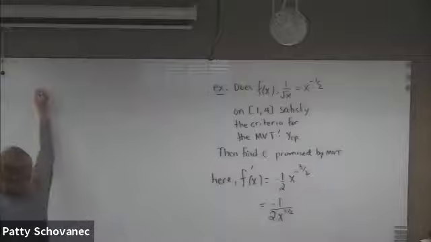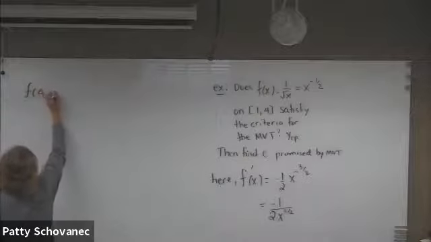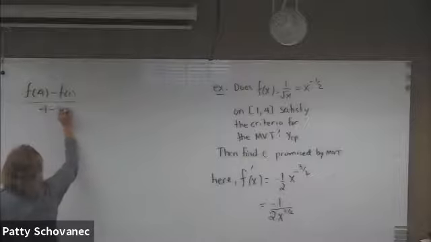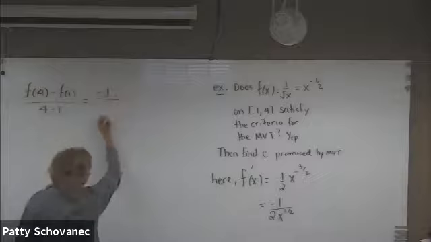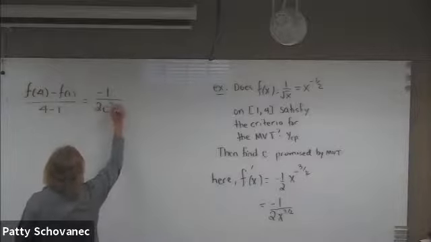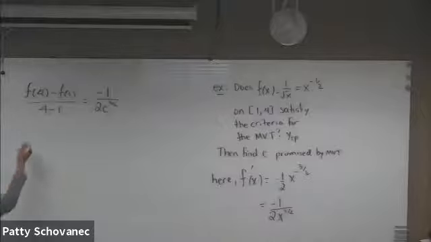All right, so now what we need is what it says. F of 4 minus f of 1 over 4 minus 1 has to equal that derivative when x is replaced by c. F of 4 is 1 over the square root of 4.